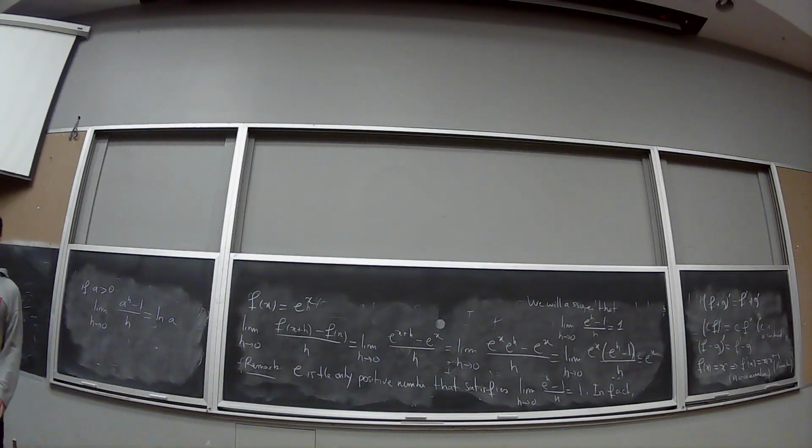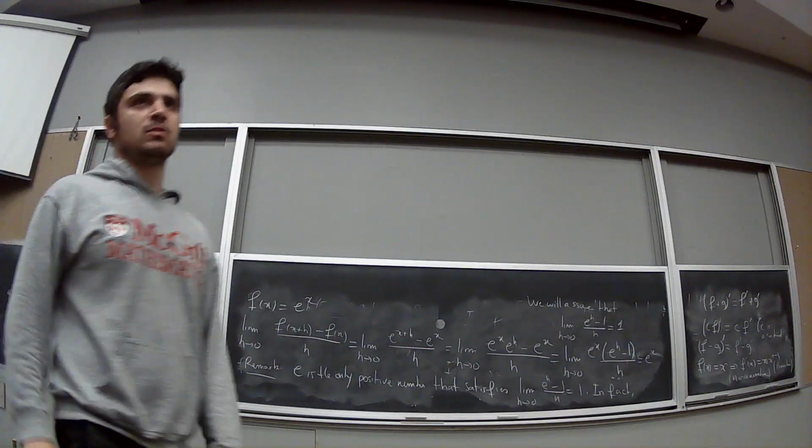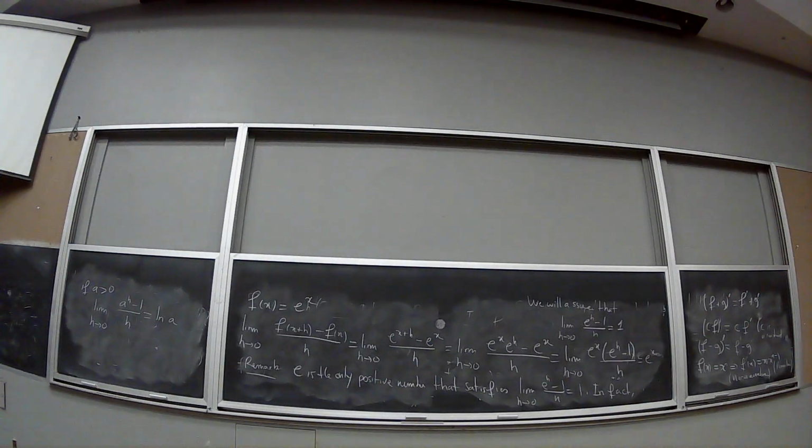We'll take this for granted; you won't have to prove this. Now, what is the only number that makes this limit 1? You have to solve ln a equals 1, right? So a must be equal to e. Just let me double check this ln a. So e to the ln, yeah, okay.